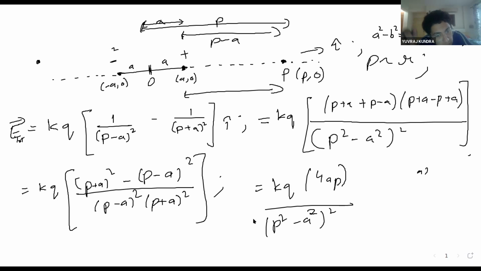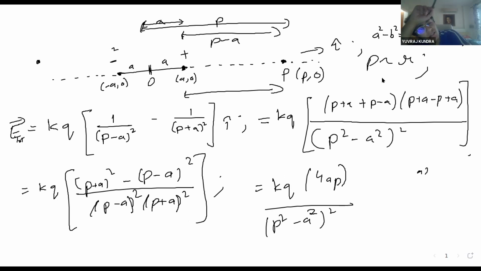So (p² − a²) whole square. How is this? After opening this, see, this is (a − b) into (a + b), right? This is the right hand side of this. So this is just p² − a².